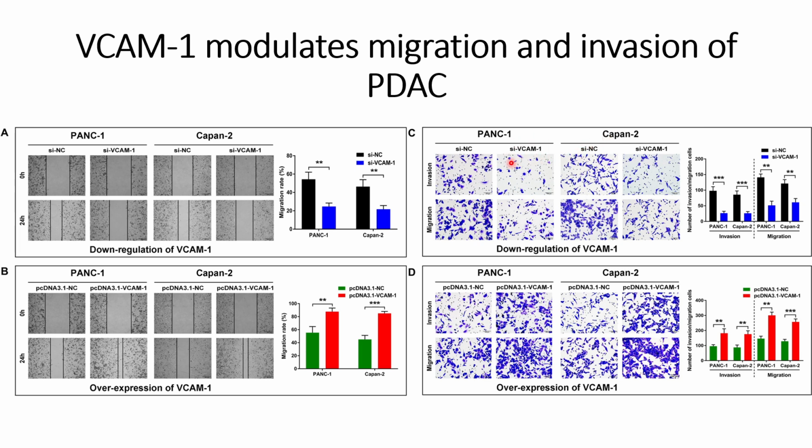When they use the silencing VCAM-1 RNA, what they have seen is that there is a decrease in the invasion and also in the migration of the cells, for the PANC1 cell line and also for the KPN2 cell line. The quantifications of these results are on the right hand side, where we can see that the invasion of the PANC1 and KPN2 cells where VCAM-1 has been silenced is lower and statistically significant.